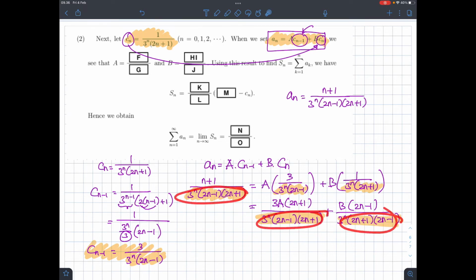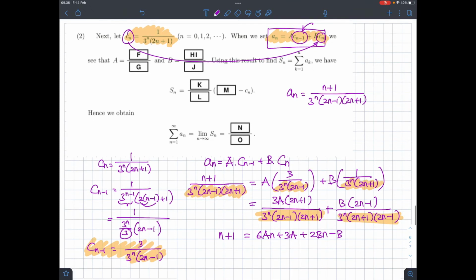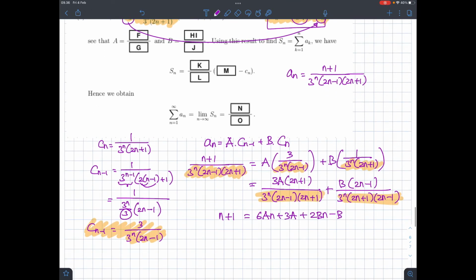This is the same denominator, so you can just compare the numerators. The numerator on the left hand side is n plus 1, and the numerator on the right hand side is 3a times 2n plus 1 plus b times 2n minus 1. I just multiply: 6an plus 3a plus 2bn minus b. I don't need to write the denominator anymore, because it's already exactly the same.